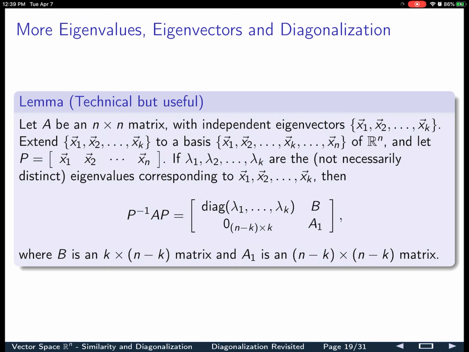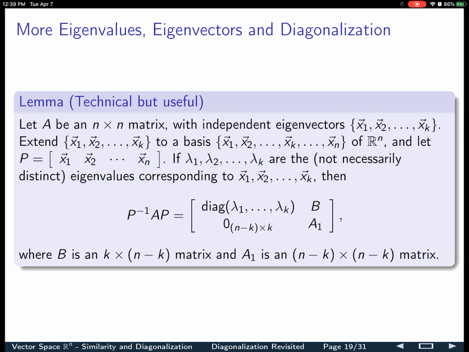And what we're going to do is extend, or add to that set of k vectors a few more vectors, so that we get up to n linearly independent eigenvectors, or just vectors in this case, enough so that it is a basis of Rn.